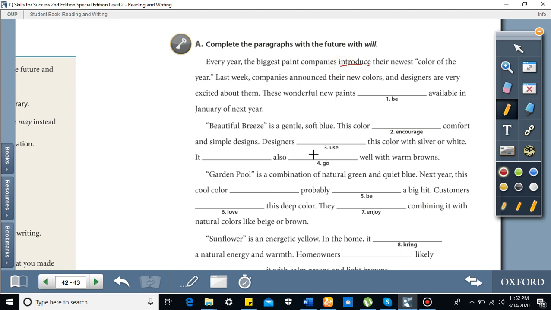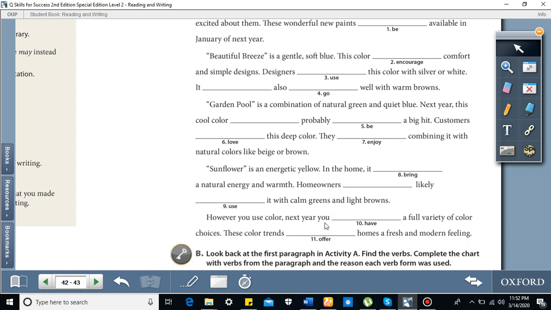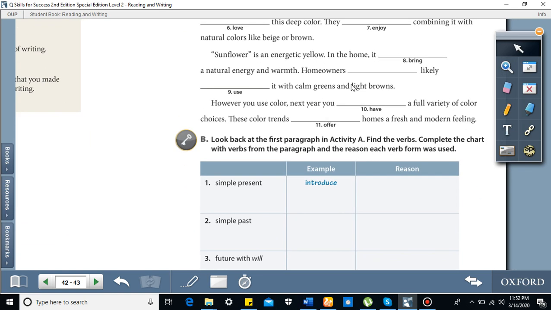You need to read the sentence up there, and then write that introduce is a simple present, and you need to give the reason also.